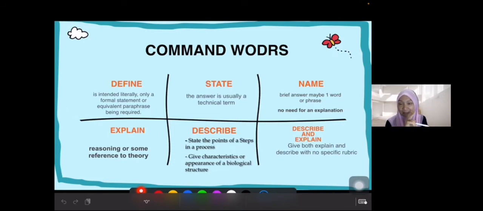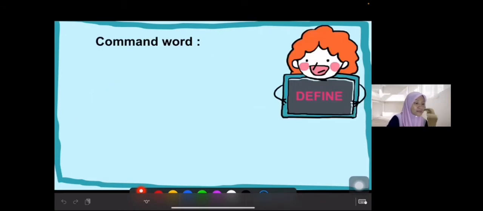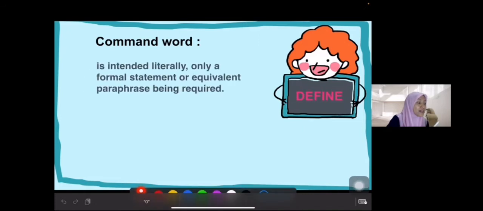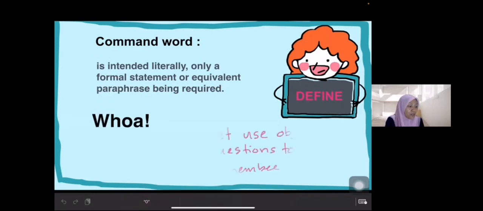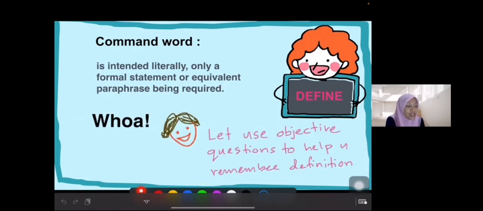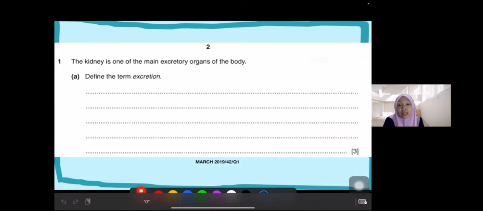Tadi Cikgu Din tanya pasal define nak bagi berapa point kan? So, kita tengok ya. Untuk define, command word define is intended literally only a formal statement or equivalent paraphrase when required. Okay. So, tadi kita dah guna objective question to help you remember definition.